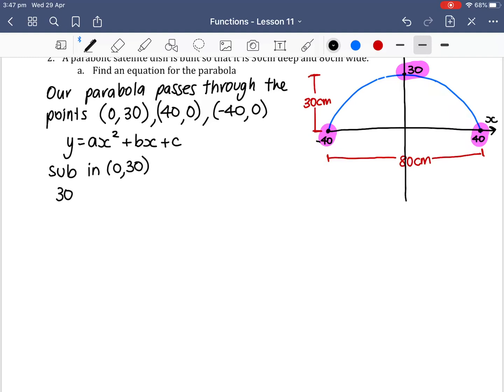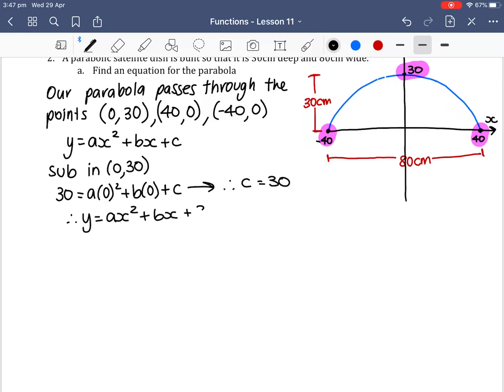So we have 30 equals a times 0 squared plus b times 0 plus c. So we therefore have c equals 30. And so we have y equals ax squared plus bx plus our c of 30 as our equation that we're now going to substitute into, now that we've found our c value.